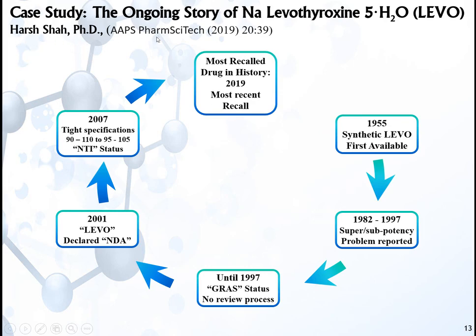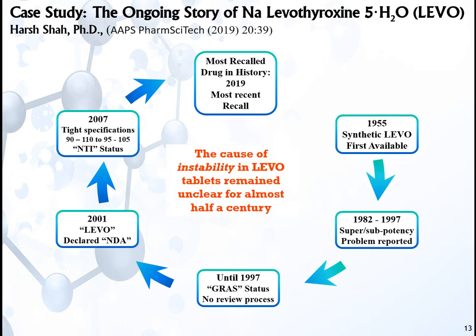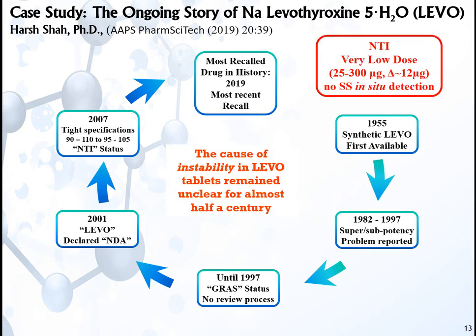And the paper by Harsh Shah here actually details this in much more detail. So it remained unclear for a long time, and the dose is very low, that is 25 to 300 micrograms in a 200 milligram tablet, with a variation in dose of about 12 micrograms between doses in some cases.